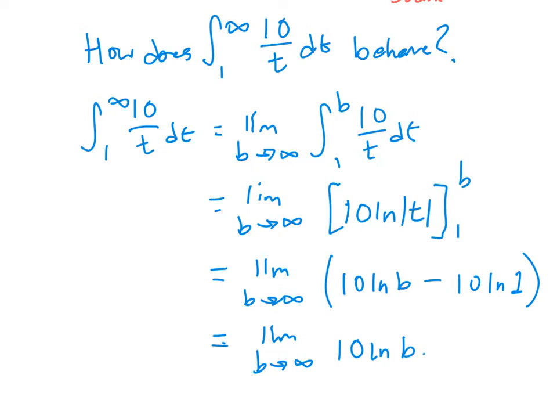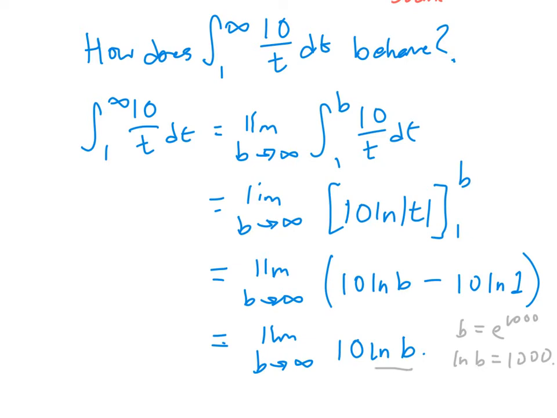Now, how does that behave as b goes to infinity? This one's a little bit trickier, but if I let b be as large as I want, I can make the natural log of b as big as I want. For example, if b is e to the 1,000, then natural log of b would be 1,000. If I wanted that value to be 1,000,000, I would just let b equal e to the 1 million.